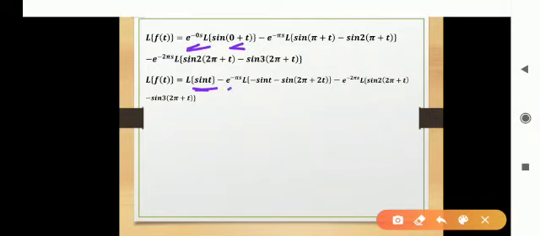In the second term, e raised to minus pi s is a multiplier. Now sin of pi plus t is minus sin t. And here I have multiplied by 2 to both the terms in round bracket. So it has become sin of 2 pi plus 2t minus e raised to minus 2 pi s, and then sin of 2 into 2 pi plus t and 3 into 2 pi plus t.